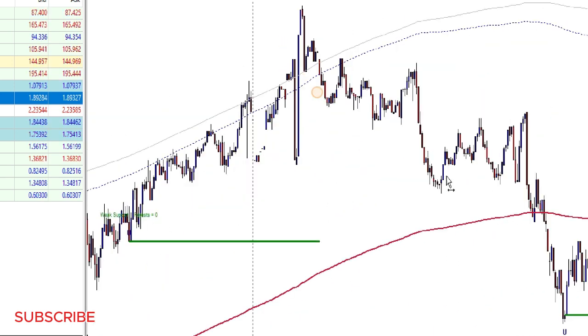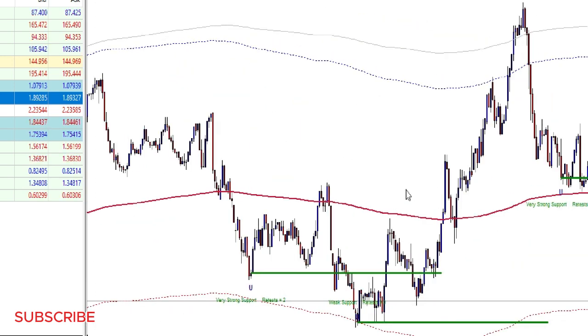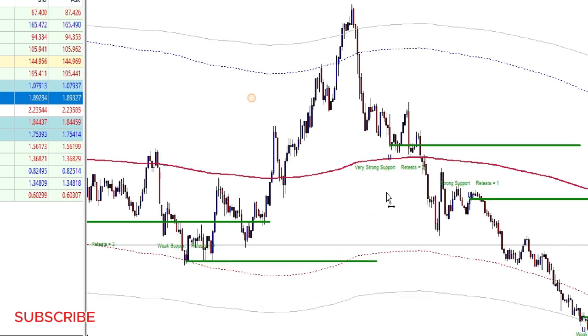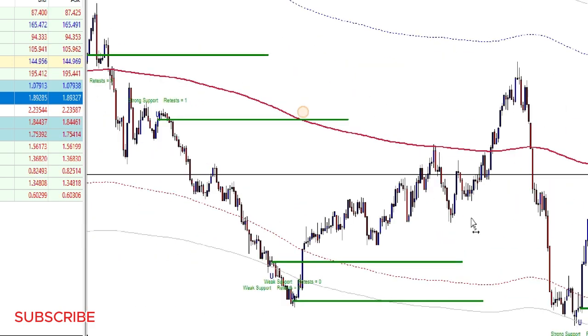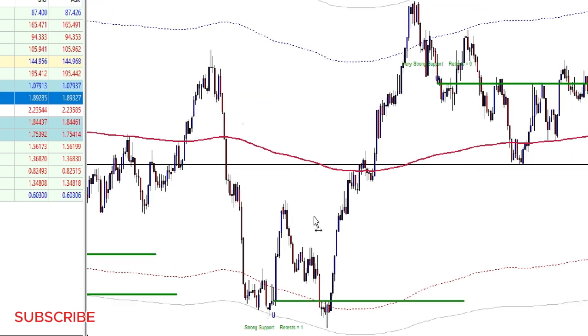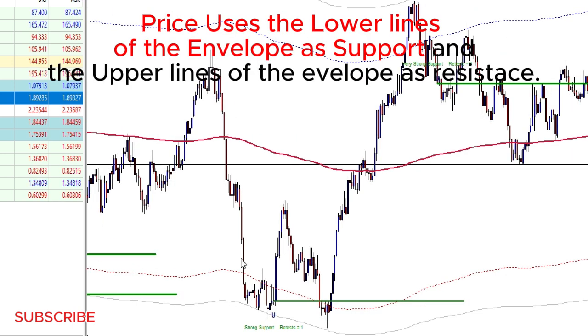So there are rules that are guiding this indicator, and when you master the rules, then you will be able to trade well with this indicator. So you can see the price here, it formed a double bottom, and then we get this U-turn signal. The price went up, came back to this zone here, it respected the support, and then it went up.